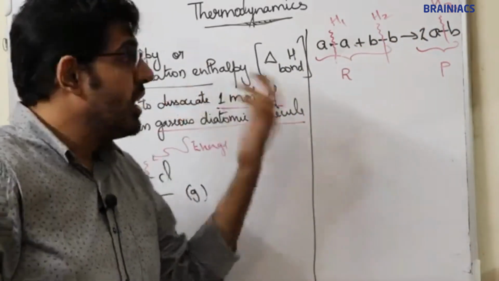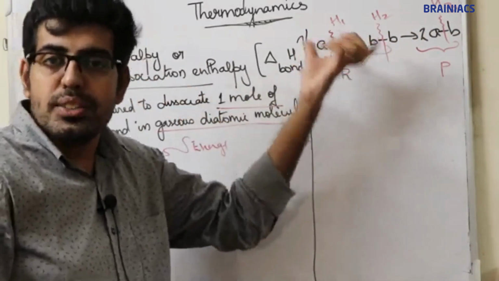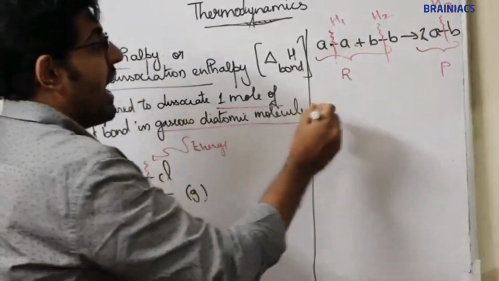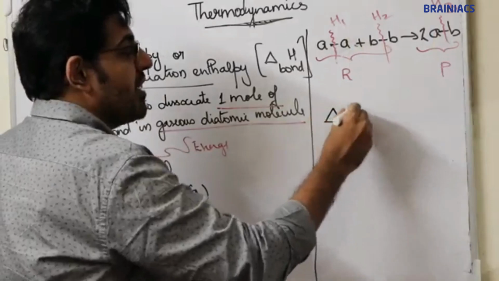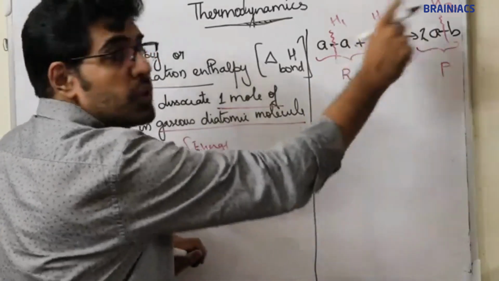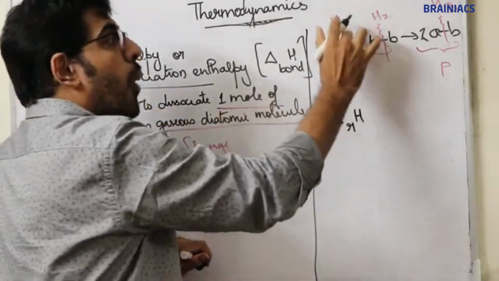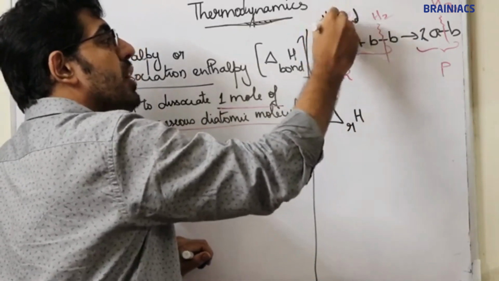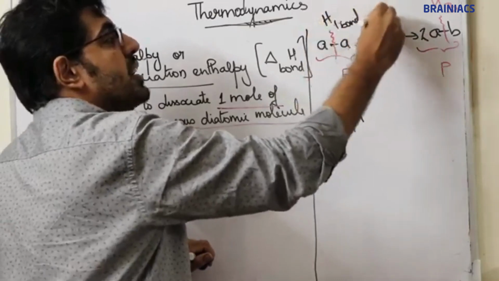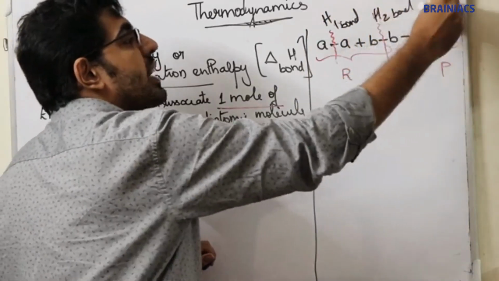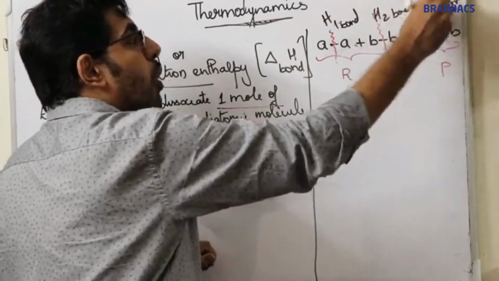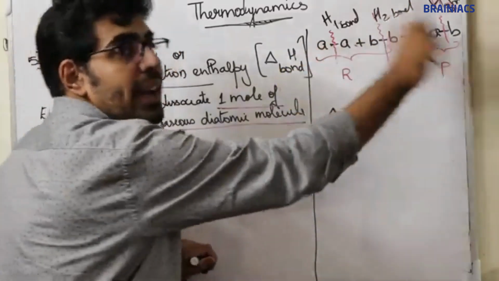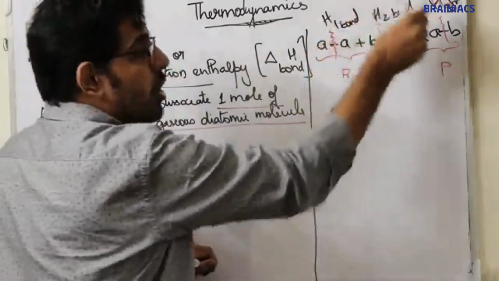If we are aware of the bond dissociation enthalpies of reactants and product, you can calculate the enthalpy of reaction from these bond dissociation enthalpy values.